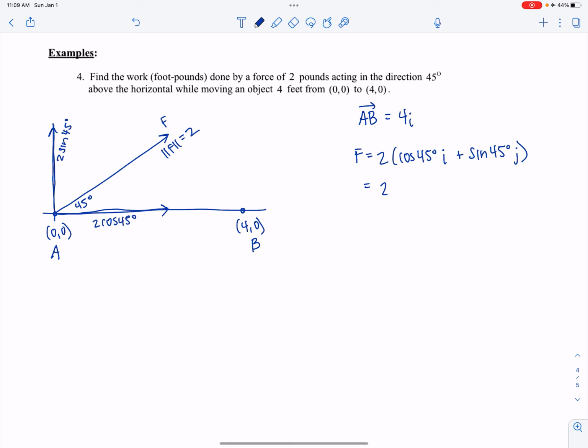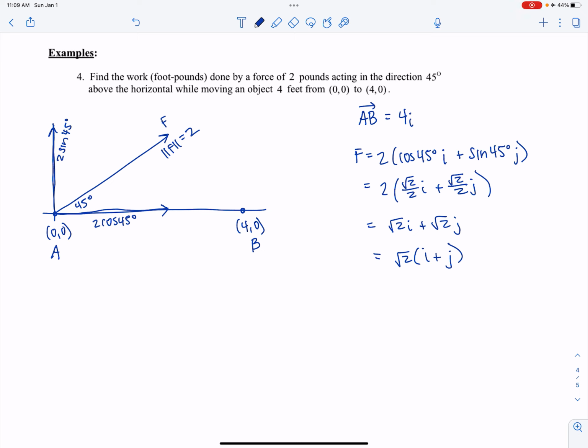We've talked about that in an earlier example. That's going to be root 2 over 2 i plus root 2 over 2 j. And if we distribute that 2 out, this just gives us root 2 i plus root 2 j. Or if you want to, you can factor out the root 2 and have i plus j.